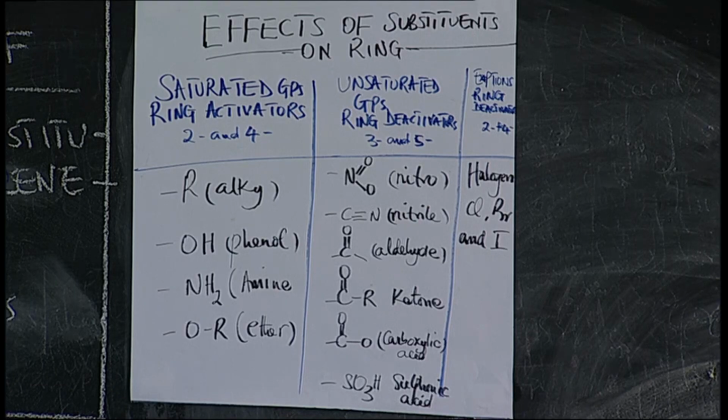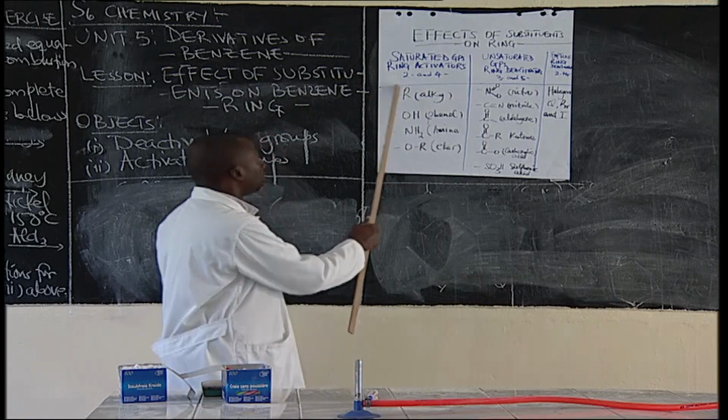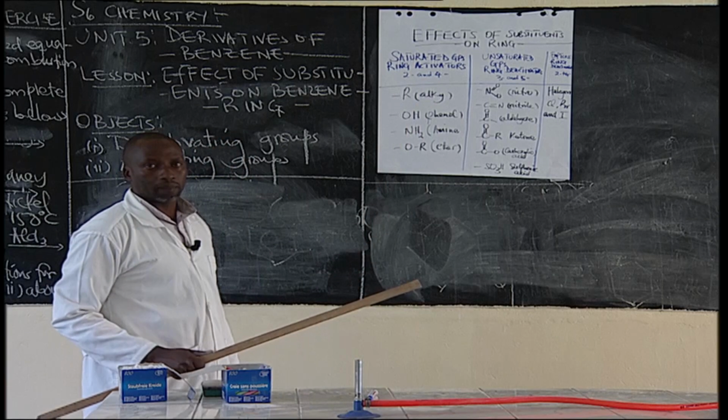That the 2 and 4 directs the substituent. So if you have an alkyl group on the benzene ring, that alkyl group will direct another substituent to position 2 and 4. That's what it means by writing 2 and 4 in here.